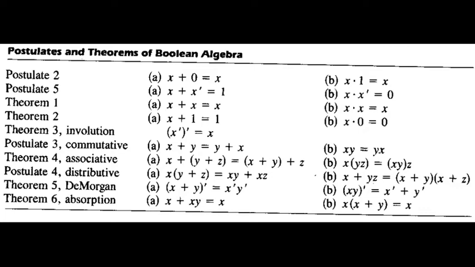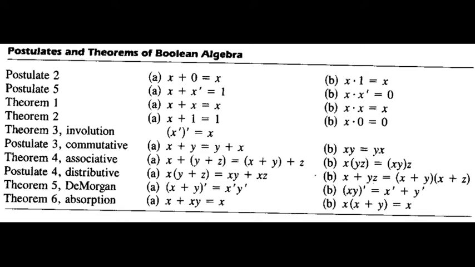So in general, any variable, if it is ORed with 0, the result will be the same variable. Let me consider the second part, that is x dot 1 is equal to x. So x ANDed with 1, the result will be x itself.